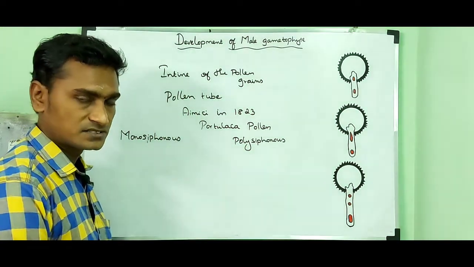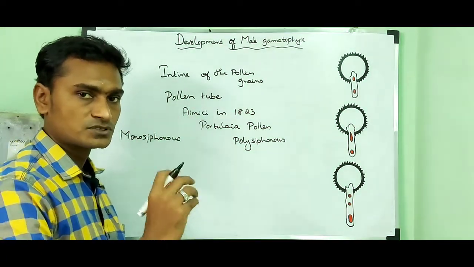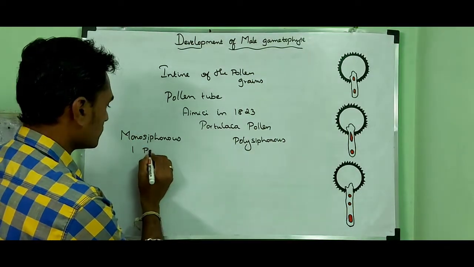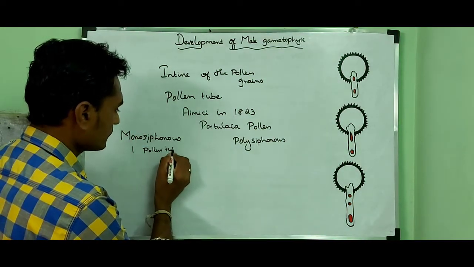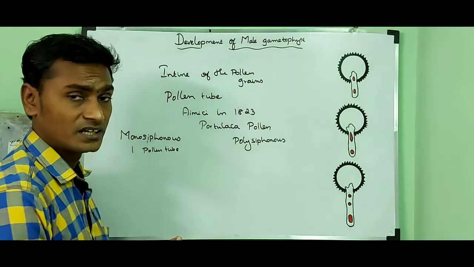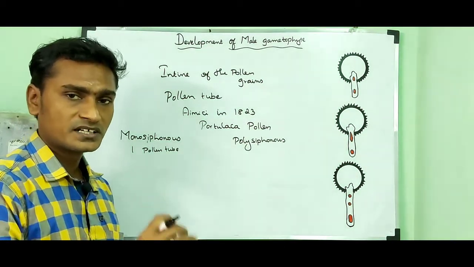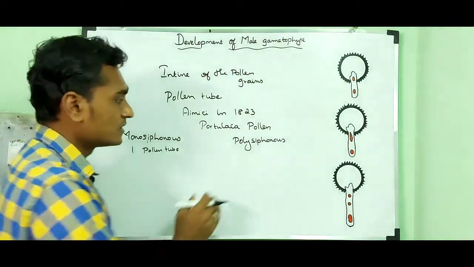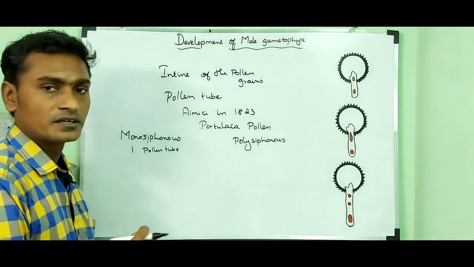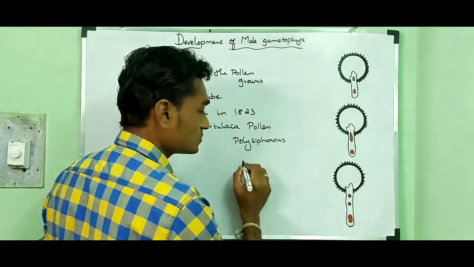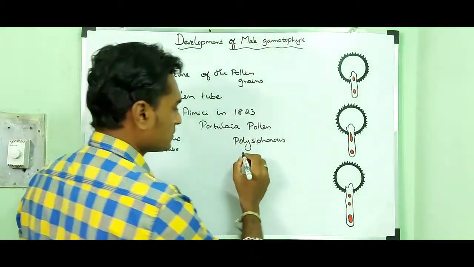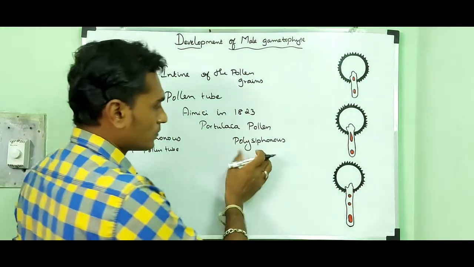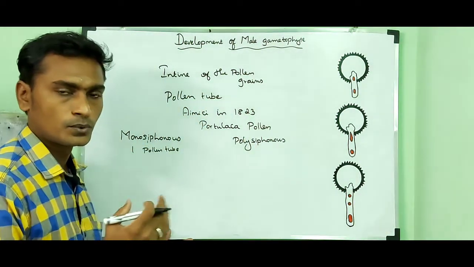Monosiphonous pollen grain means the pollen grains are able to produce only one pollen tube. In the majority of angiosperms, the pollen grains produce one pollen tube. In some cases, the pollen grains are able to produce more than one pollen tube, and that type of pollen grains are polysiphonous pollen grains.